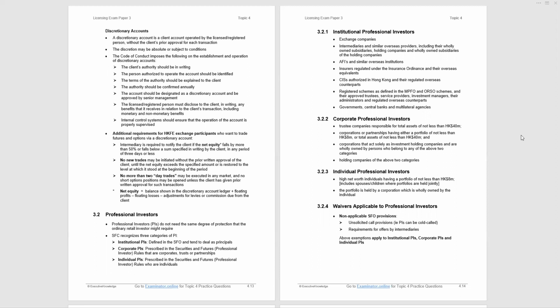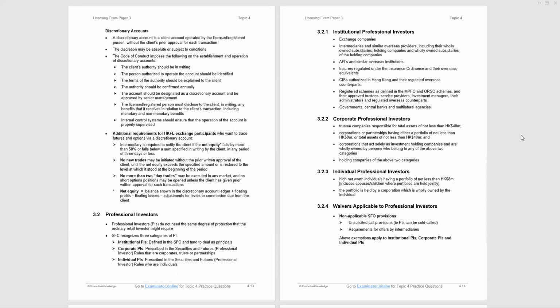When you're operating a discretionary account, no more than 2 day trades may be executed in any market. No short option positions may be opened. So you can't sell options unless client has given prior written approval for such transactions. So again, that's where the discretionary aspect falls away.